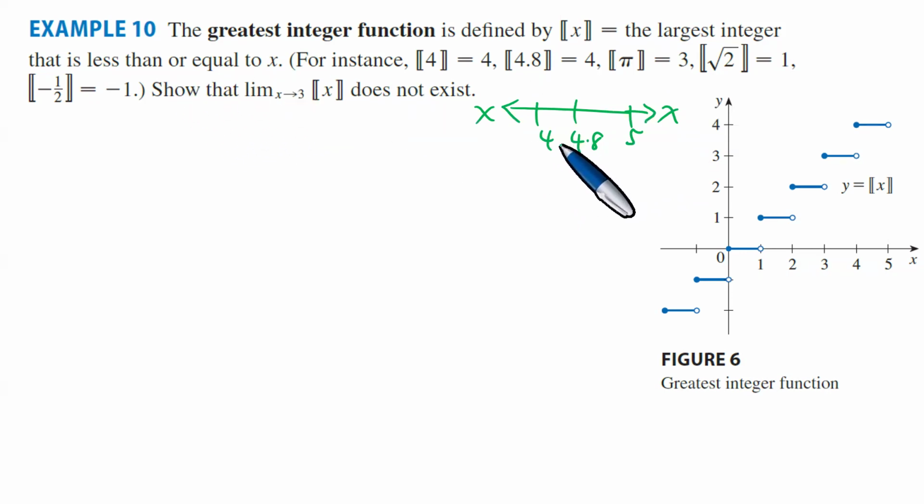So the largest integer less than or equal to 4.8 is what? It's 4, because 4 is the largest integer smaller than or equal to 4.8. So the answer is 4 here.